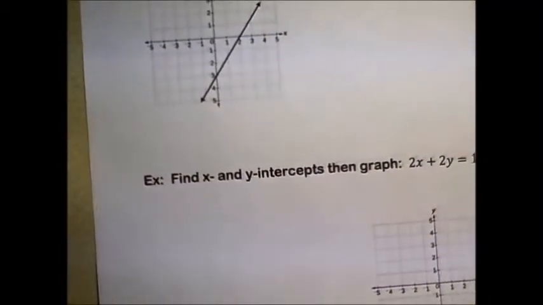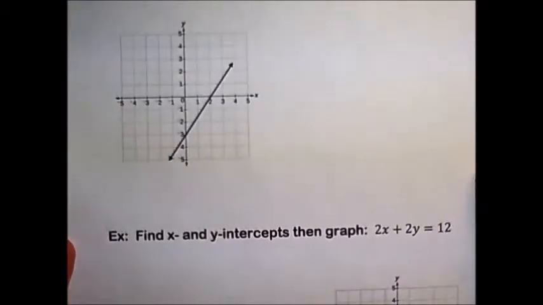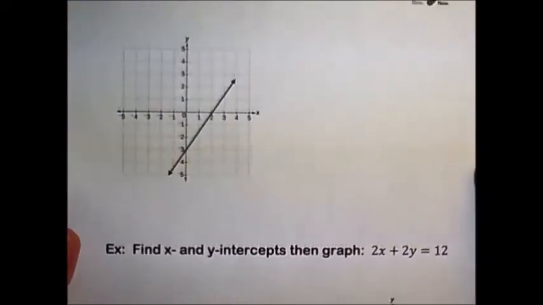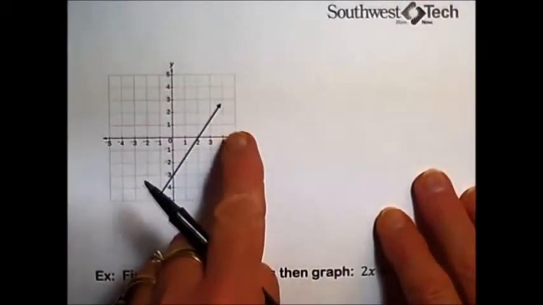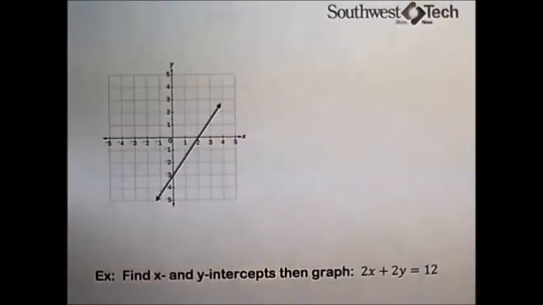We've looked at two ways to graph an equation of a line. One was by plugging the points in. Another way was by the slope-intercept, and we're going to look at a third method for graphing a line by using the intercepts. I have a graph here that's showing this line that's intersecting the x and the y-axis. Any line that is neither horizontal nor vertical crosses both the x and the y-axis.